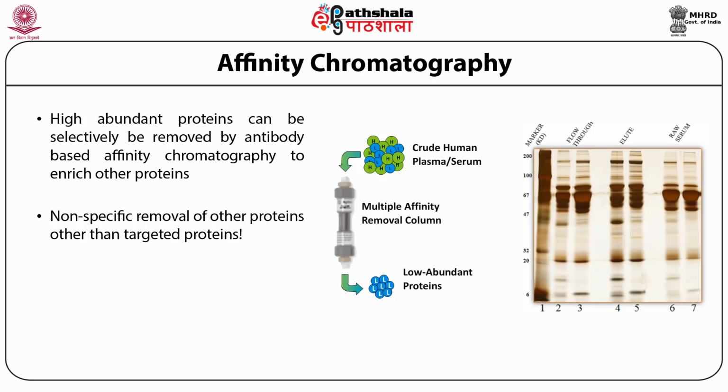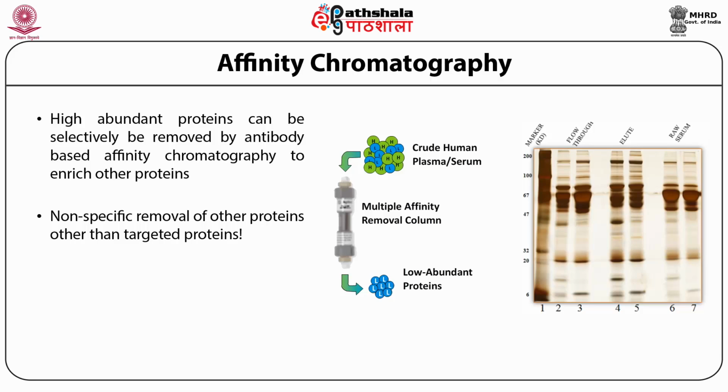You have the crude human serum or the plasma that is loaded onto a multiple affinity removal column that has a lot of antibodies against the high abundant proteins. When you remove the flow and elute this particular column, you will obtain the low abundant proteins that are ideal for your clinical proteomic experiment.